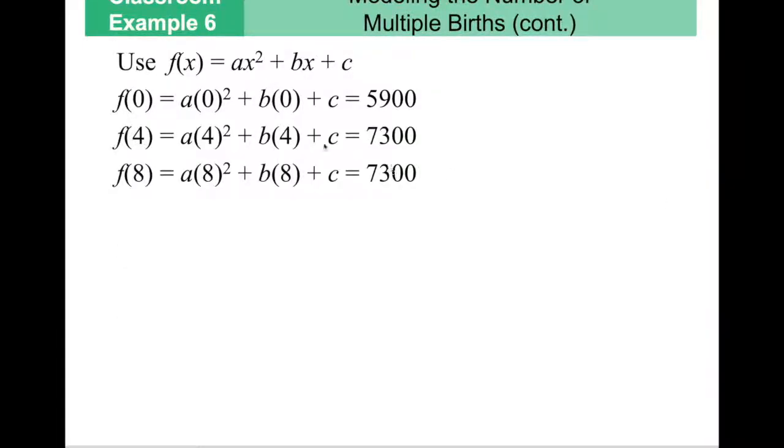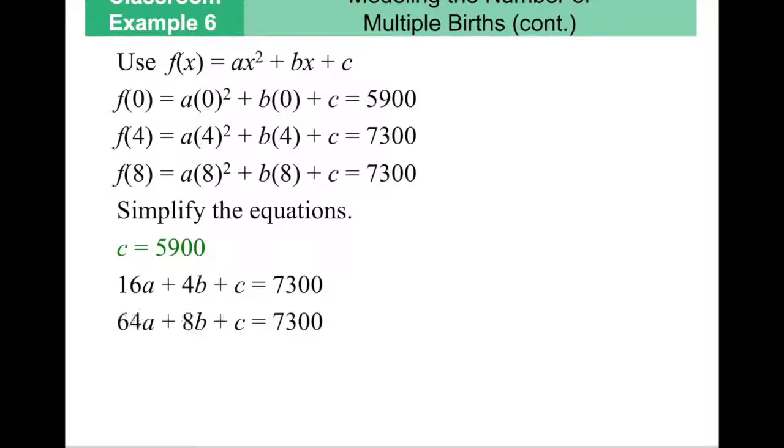So I know if I plug in 4, I get 7300. If I plug in 8, and then I'm going to simplify the equations. So the numbers I'm plugging in are becoming those coefficients.